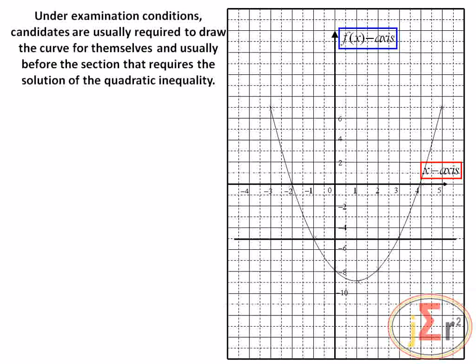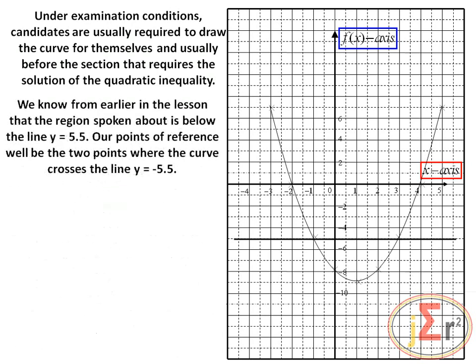Under examination conditions, candidates are usually required to draw the curve for themselves, and usually before the section that requires the solution of the quadratic inequality. So we draw the curve first, then you go to the next section and they say solve the quadratic inequality. We know from earlier in the lesson that the region spoken about is below the line y is equal to negative 5.5.